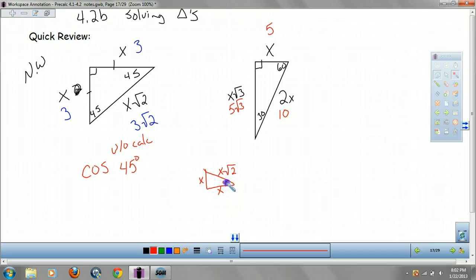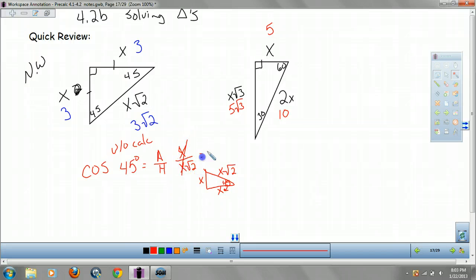Here's my 45-degree angle. Remember, cosine is your adjacent over hypotenuse. What's my adjacent to 45? Well, it's x. So the one that's next to it, that's not the hypotenuse. My hypotenuse is x root 2.